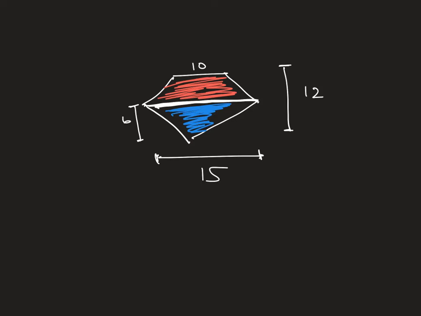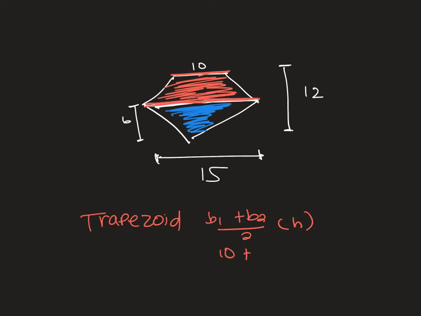All right, so to get the area of a trapezoid, my formula is base 1 plus base 2 divided by 2 times the height. So my base 1, this top part, is 10. Plus base 2, which is this bottom part, and it tells us that the total length here is 15. So base 2 would be 15.